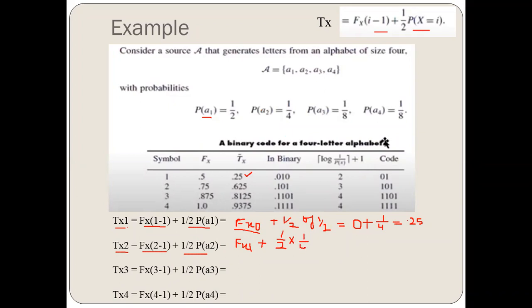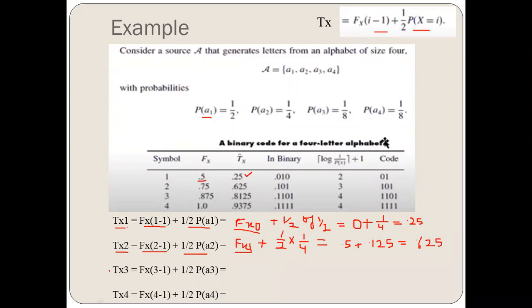Now when you calculate it, what will be the value of Fx1? We have already found it as 0.5. So I'll keep it as 0.5 plus 1 by 8, and 1 by 8 will be 0.125, and the calculation goes as 0.625, right?